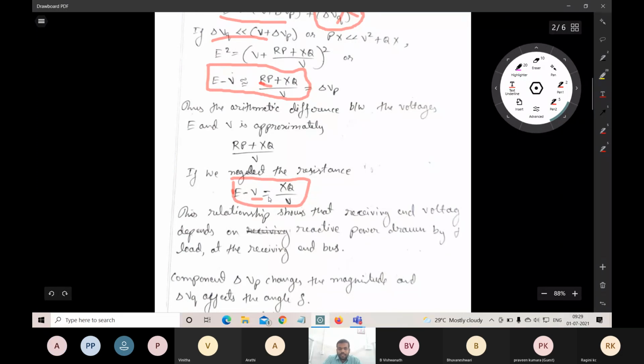Okay, E minus V is equal to XQ by V. Here the receiving end voltage, that is V, depends upon the reactive power drawn by the load at the receiving end.